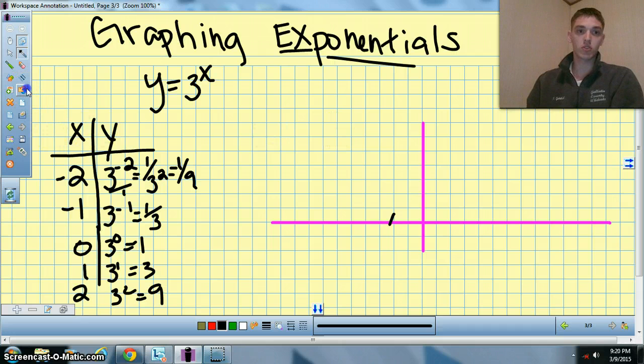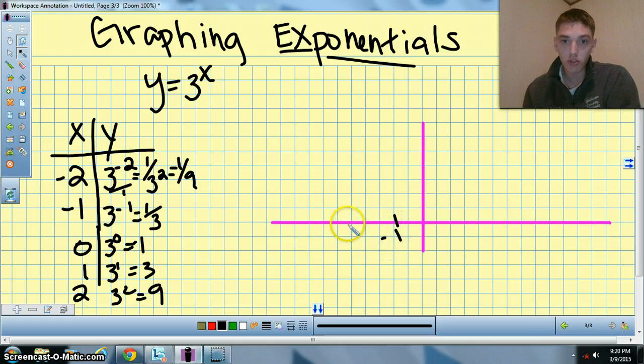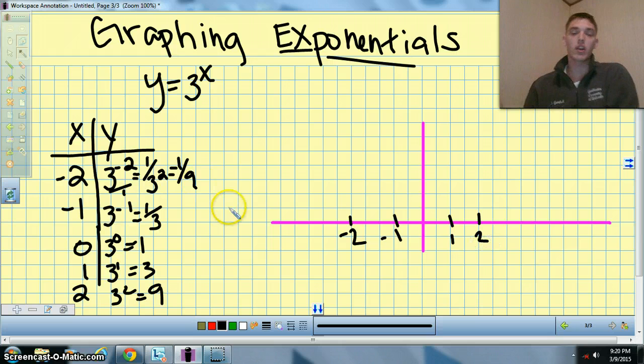We'll say this is -1, going over by 2's, -2, 1, and 2. Now at -2 it's 1/9, so that's pretty close to 0 down here. It's not quite 0, it's a little bigger than 0, but fairly close to 0.